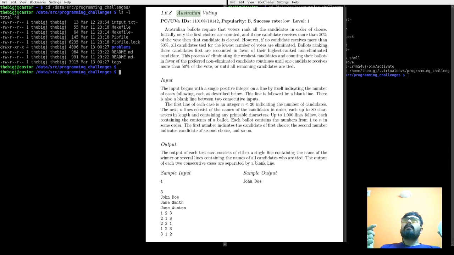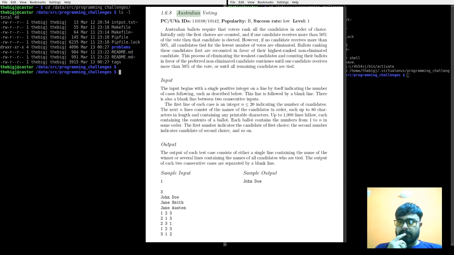It is highly possible that only one candidate will have the lowest number. Confused. Ballots ranking these candidates first are recounted in favor of their highest ranked non-eliminated candidate.